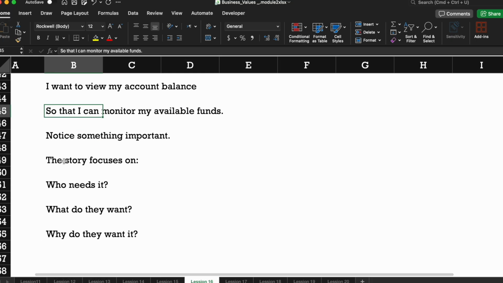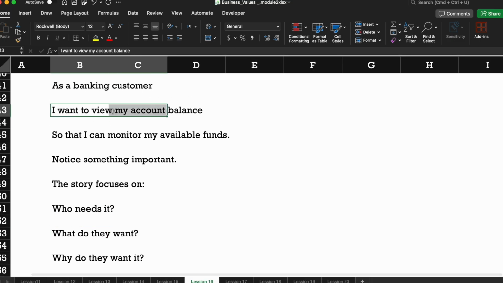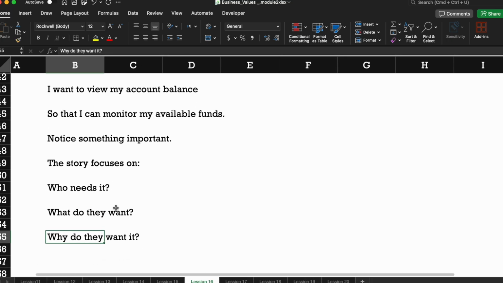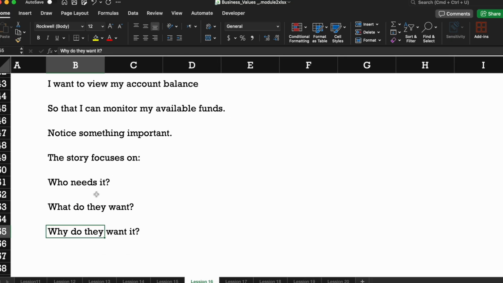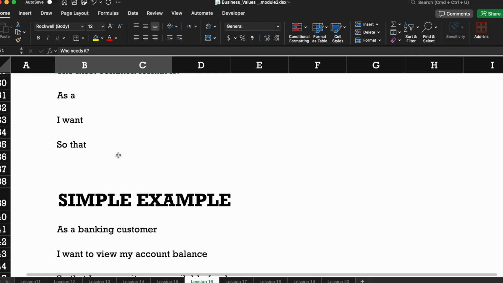Notice something important: the story focuses on who needs it, that's the user; what they want, that's the feature, I want; and why they want it, that's the benefit. If you answer these 3 questions, you can write the user story clearly.